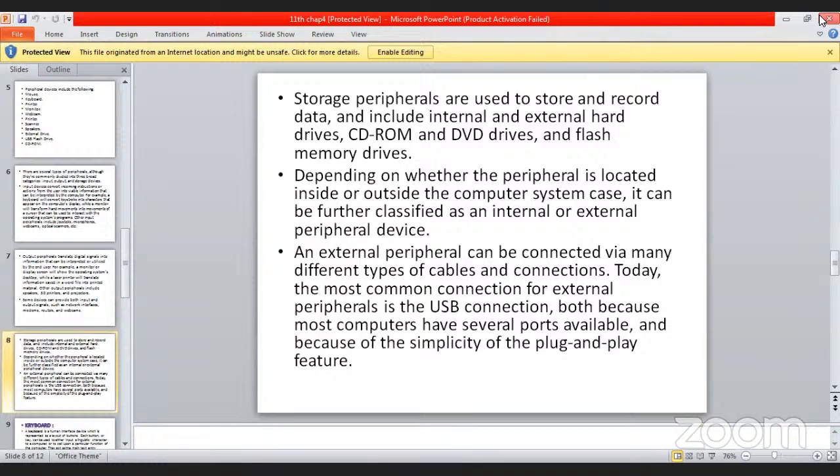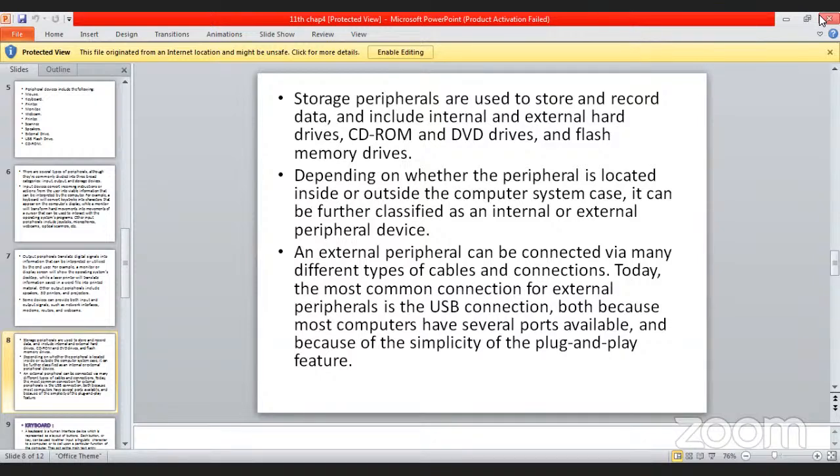So storage peripherals are mainly used to store recorded data, and they include internal and external hard drives, for example CD-ROM and DVD drives and flash memory drives also. Depending on whether the peripheral is located inside or outside the computer system, it can be further classified as an internal or external peripheral device.